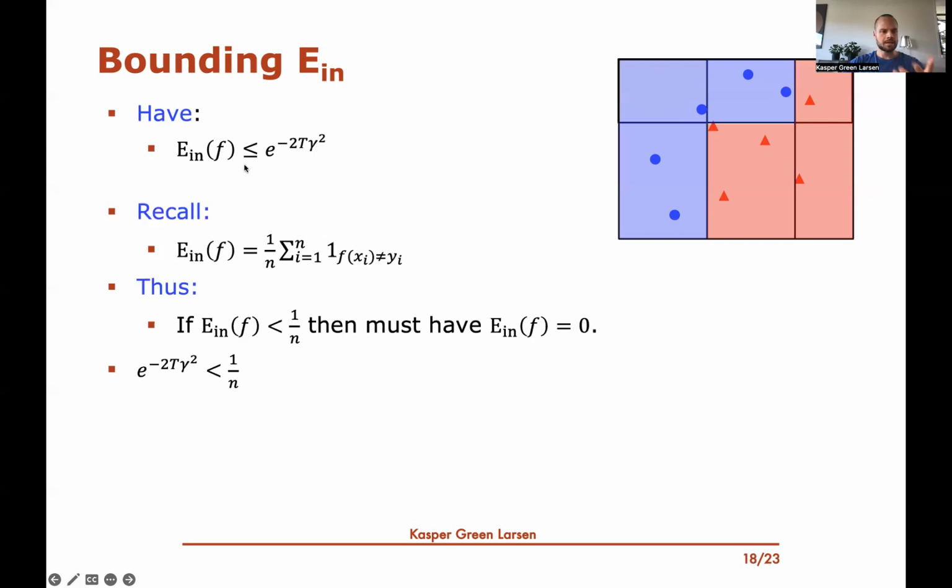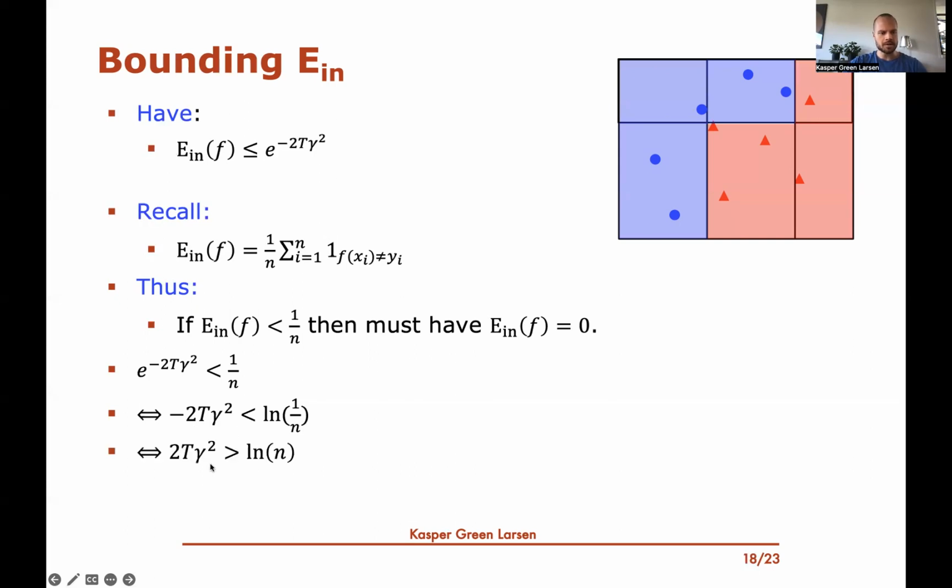Okay, so let's just check now how many iterations I need before the in-sample error becomes less than 1 over n, meaning that it actually becomes 0. So I have my guarantee up here. The in-sample error is no more than e to the minus 2t gamma squared. And we just check when this is less than 1 over n. Taking log on both sides gives us minus 2t gamma squared less than log 1 over n.